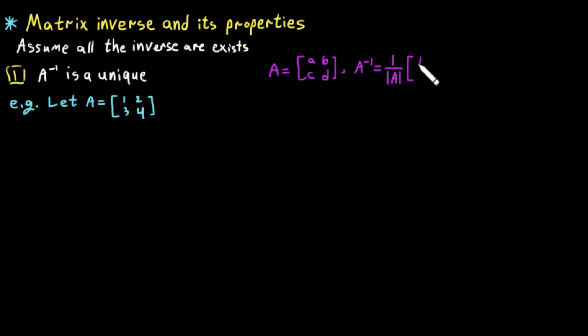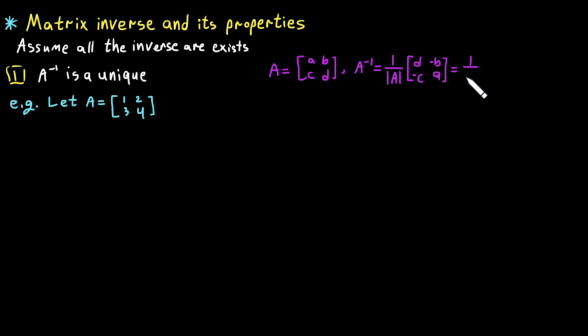So it will be D and A, and you put negative B, negative C. And if I want to write the determinant of A another way, it is A multiplied by D minus B multiplied by C.